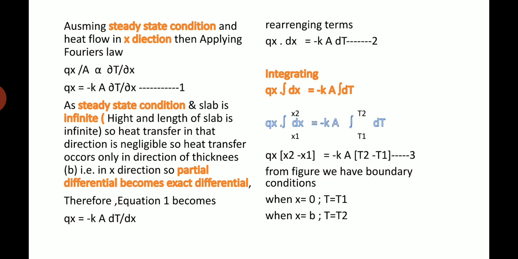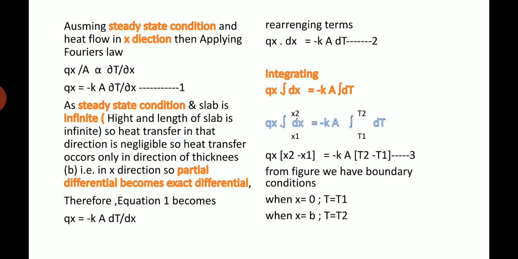That's why steady state is important. In steady state, temperature doesn't change with respect to time, so heat flow is also not changing with time. So steady state condition is a condition of the system in which temperature is not a function of time.